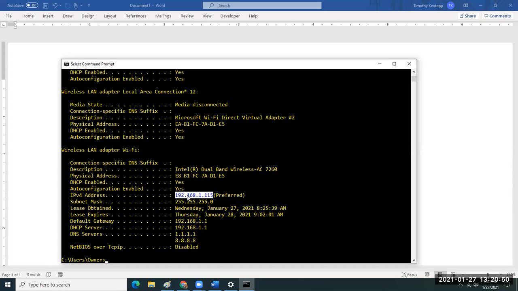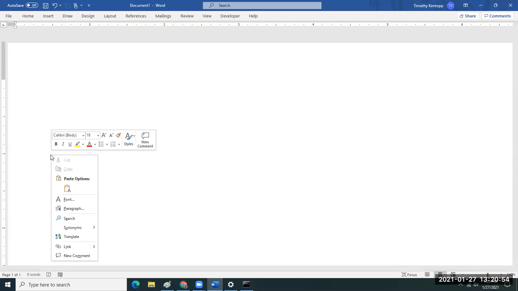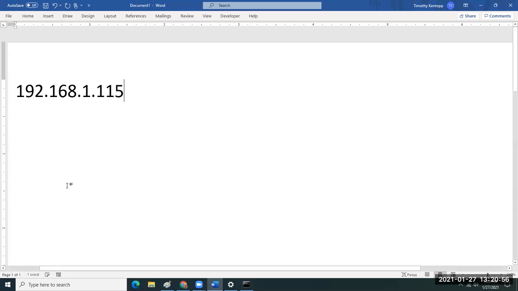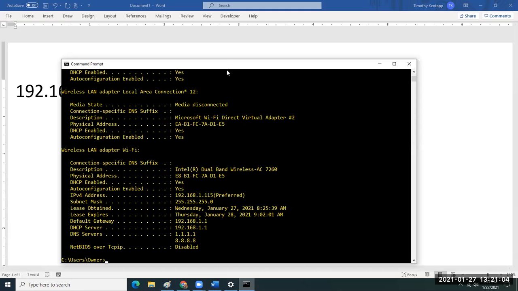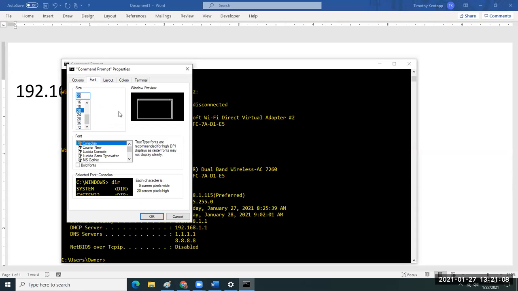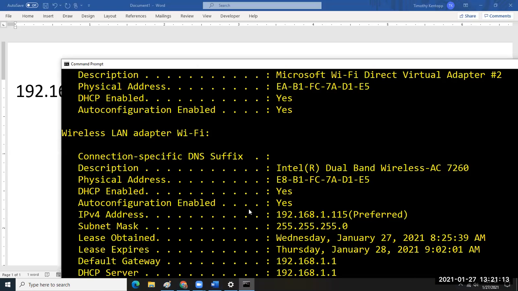If I do this and right-click it, the highlight disappears, but I should be able to paste. Oh yeah, wasn't that nice? How many of you knew you could do that? How many of you knew you could do this? Right-click, go to Properties, make the font bigger so it's easier to see.